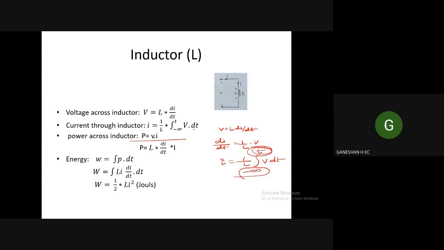Sir, why can't we take the limits as 0 to t? Because time cannot be negative, sir. Good question. When we take zero, you are starting the experiment, so that is zero time. Your starting time is zero.